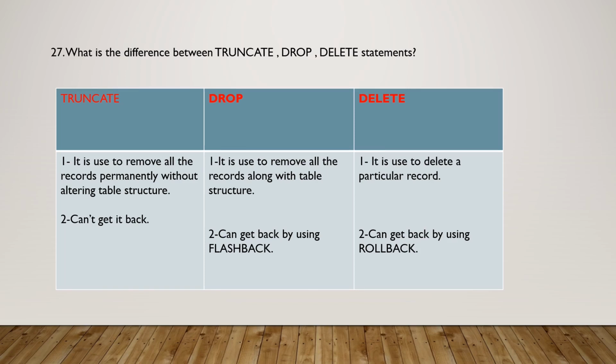If truncated, we can't get it back. We can get it back by using flashback if we use drop. If we use delete, we can get it back by using rollback.